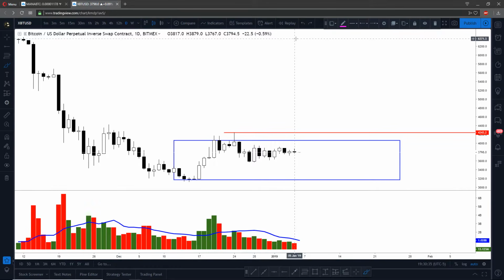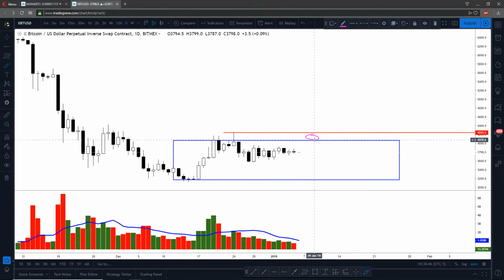You see what I'm saying? What are you going to do at that point? You could easily be trapped if that wick is respected. If that wick is respected and you bought here, it's going back down to retest the lows, and you just lost that trade. If the wicks are not respected and you took a long when it broke this body, then yes, your entry is better. So you just have to see what you're trading.